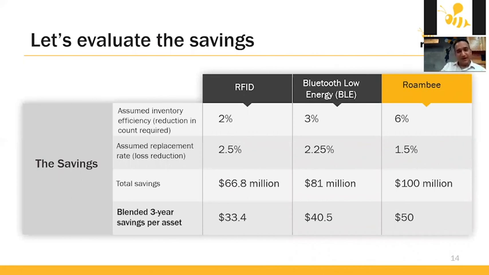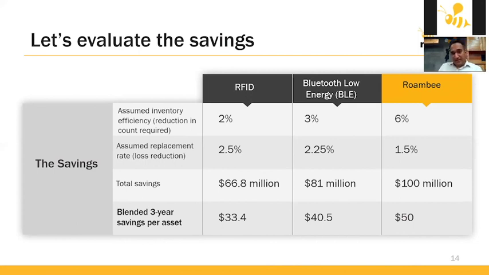Of course, the fun part, savings. You're looking at probably an inventory efficiency. We talked about companies typically running at 2 to 5% additional inventory than they actually require, which you can bring down, which means you're bringing it down by about 2%. With Bluetooth Low Energy, since your read rates are much better than a typical RFID solution, the chances are you can actually bring that down even further.